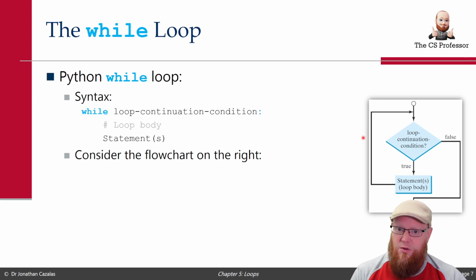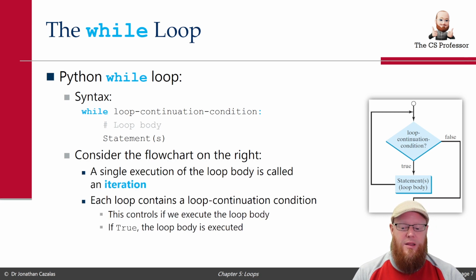We keep looping. We keep performing what is inside the loop and we keep testing this Boolean expression. As long as it's true, we keep going. But at some point, when that Boolean expression becomes false, that's when we exit the loop and we no longer execute the statements inside the body of the loop.